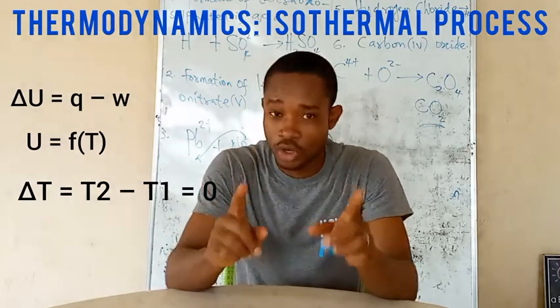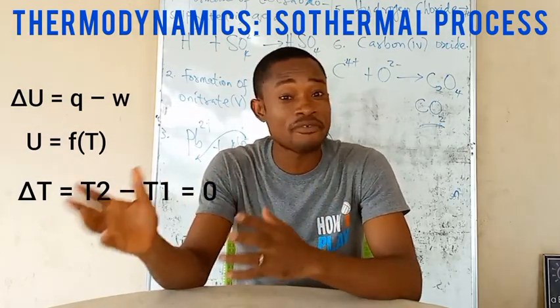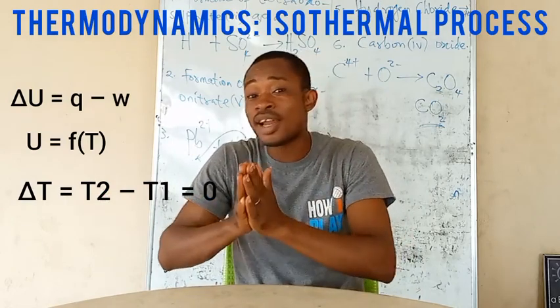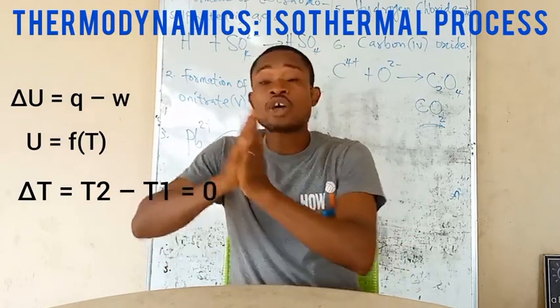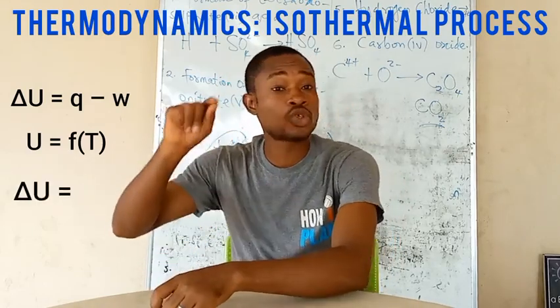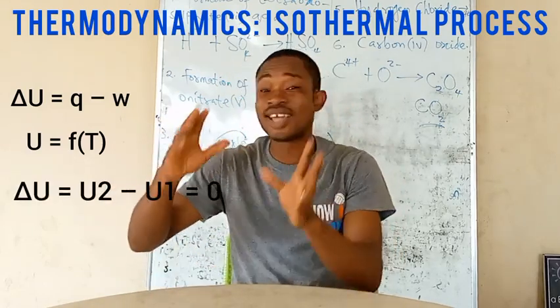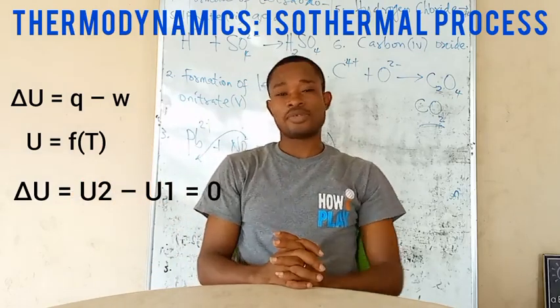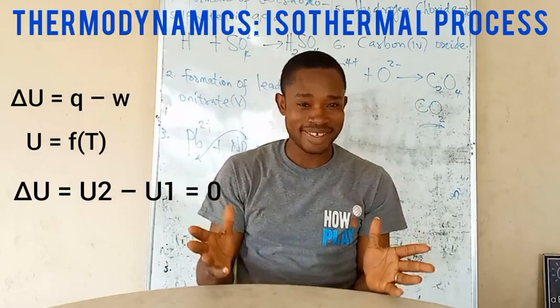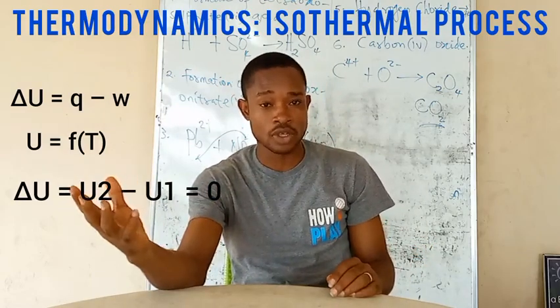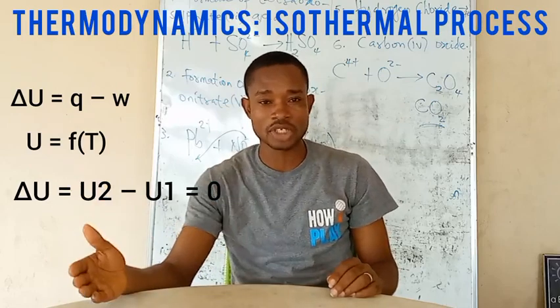Now, remember that I told you that internal energy is a function of temperature. That simply means that internal energy, U, is also a constant. Therefore, U2 minus U1, which is represented as delta U, change in internal energy, will be equal to 0. Why? Because internal energy is constant in isothermal process, since it depends on temperature.